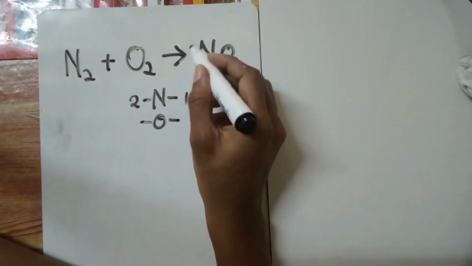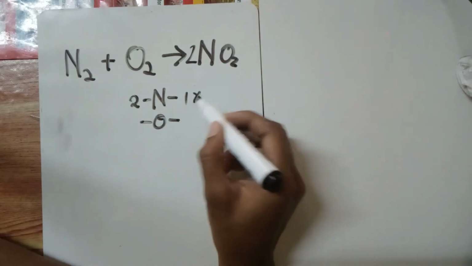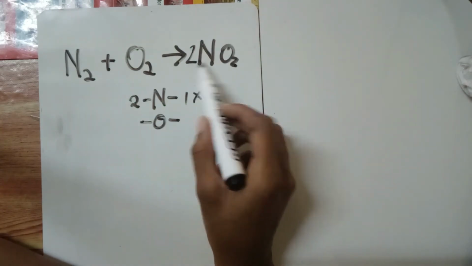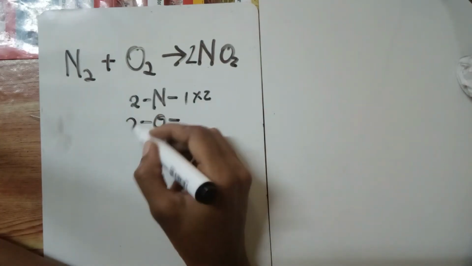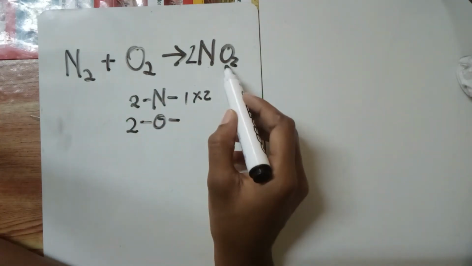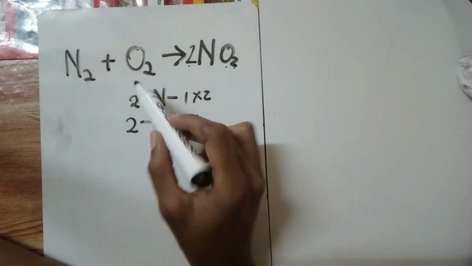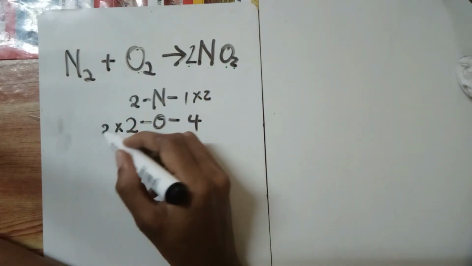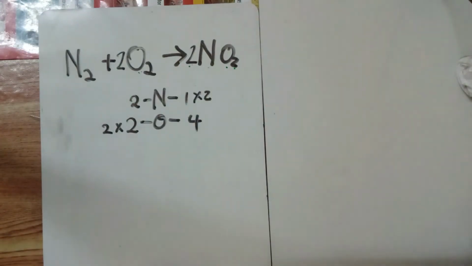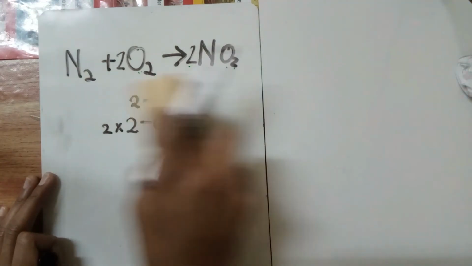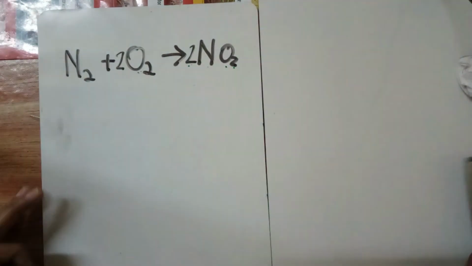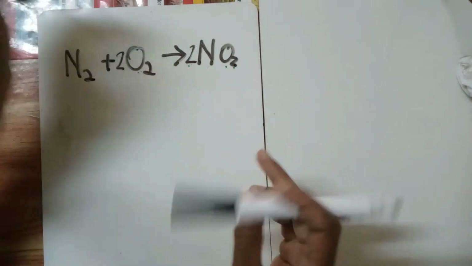So we must multiply this by 2 so that we can get 2 nitrogens. On this side we have 2 oxygens. On the other side we have 2 times 2, which is 4. To get 4 on this side, multiply by 2 again. So that is our balanced equation. It's very important to always make sure that your equations are balanced.